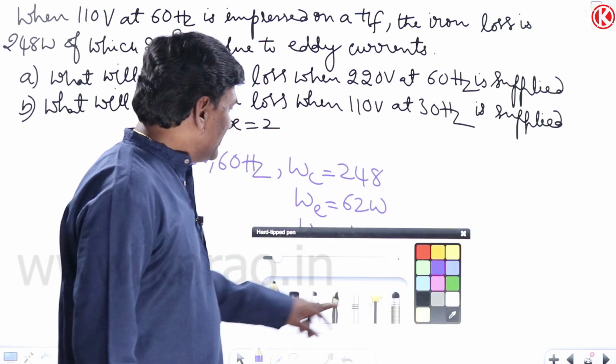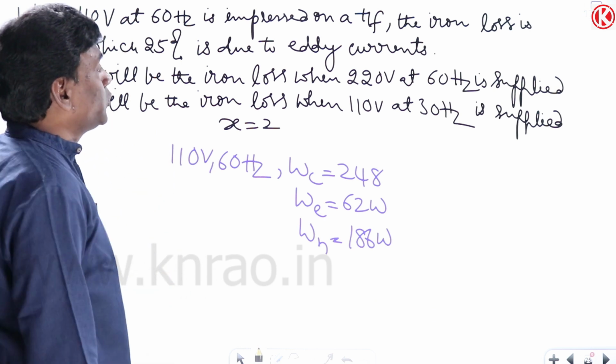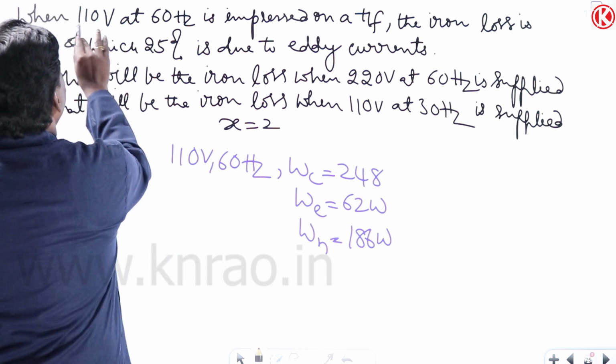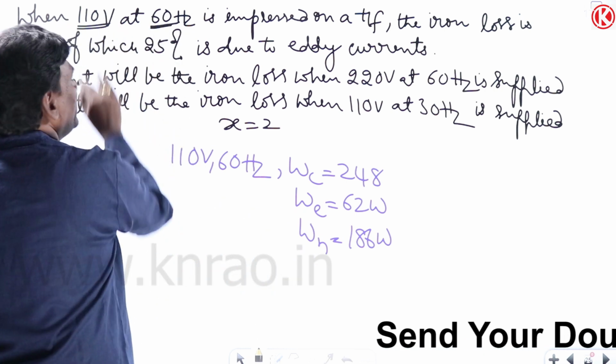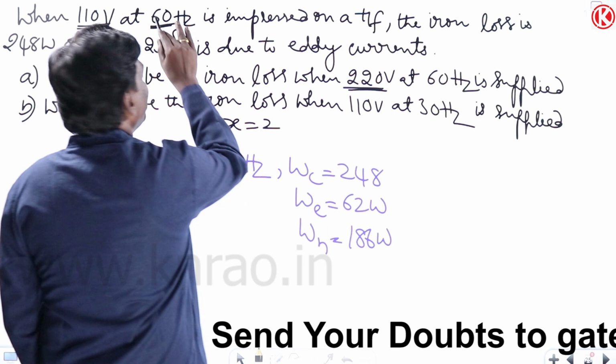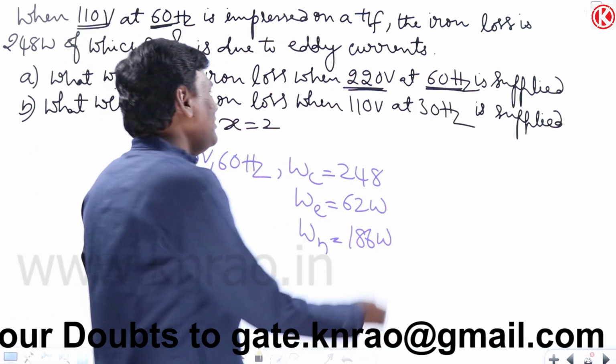Okay, now let us think of the first case. What will be the iron loss when 220 volts 60 Hz is supplied? So 110 volts, 60 Hz, I got this. Now voltage is doubled, frequency is same. Now let us think of hysteresis.